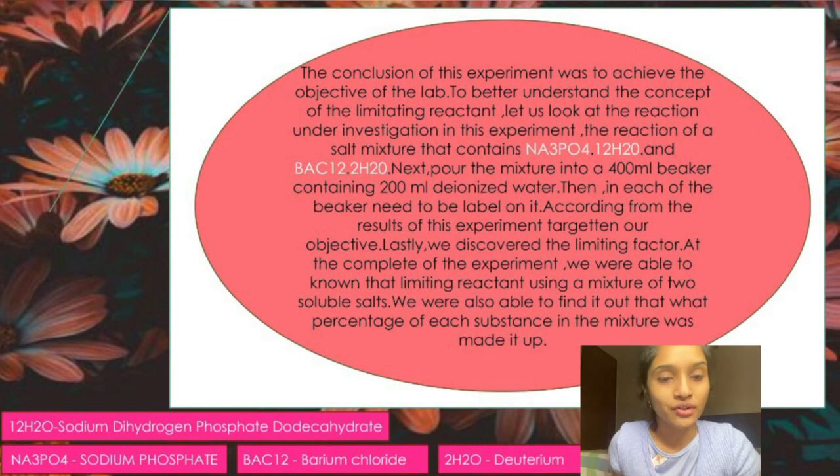Next, pour the mixture into a 400 ml beaker containing 200 ml deionized water. Then each beaker needs to be labeled. According to the result of the experiment, we achieved the objective, and lastly we discovered the limiting reactant.